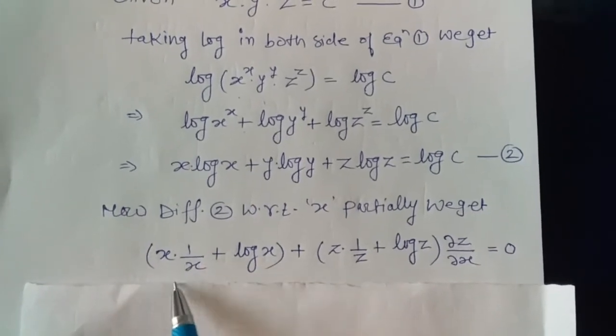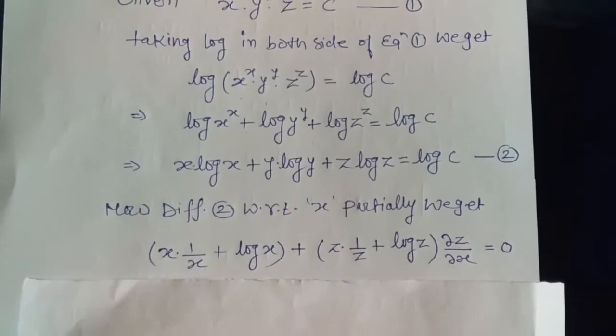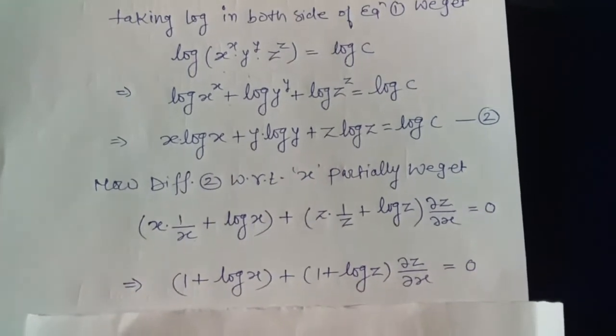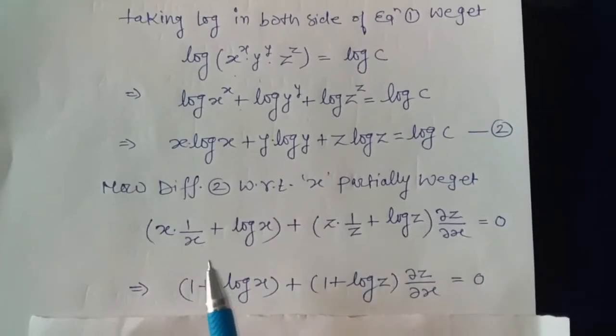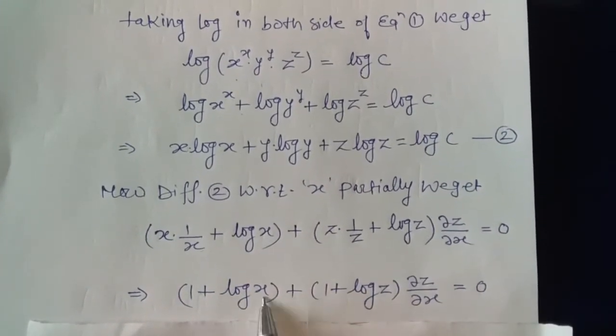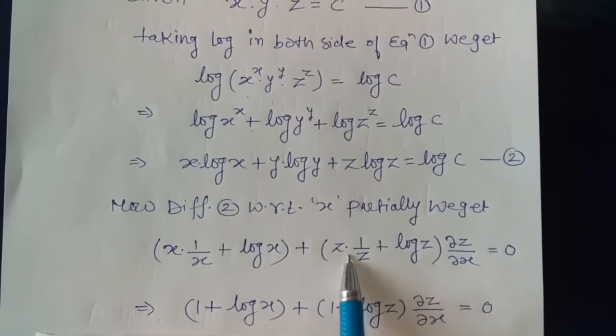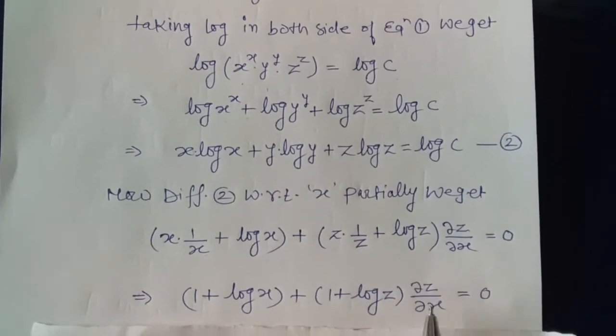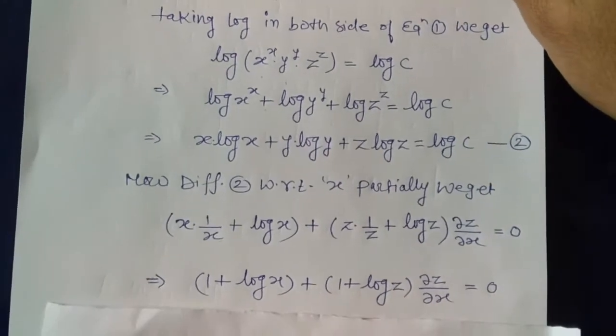Now x by x cancels, z by z cancels, and we can write the above expression as (1 + log x) + (1 + log z) ∂z/∂x = 0.